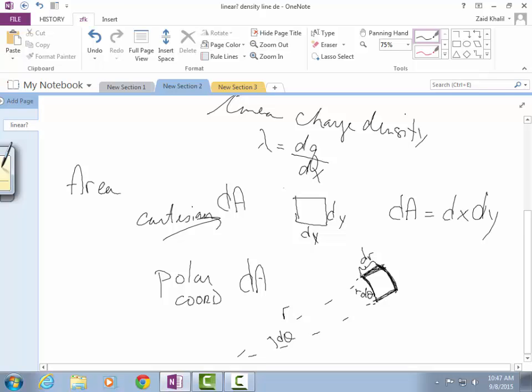So your areal element in polar coordinates is going to be what? r dr d theta. Does this make sense? Why? Explain why this makes sense.